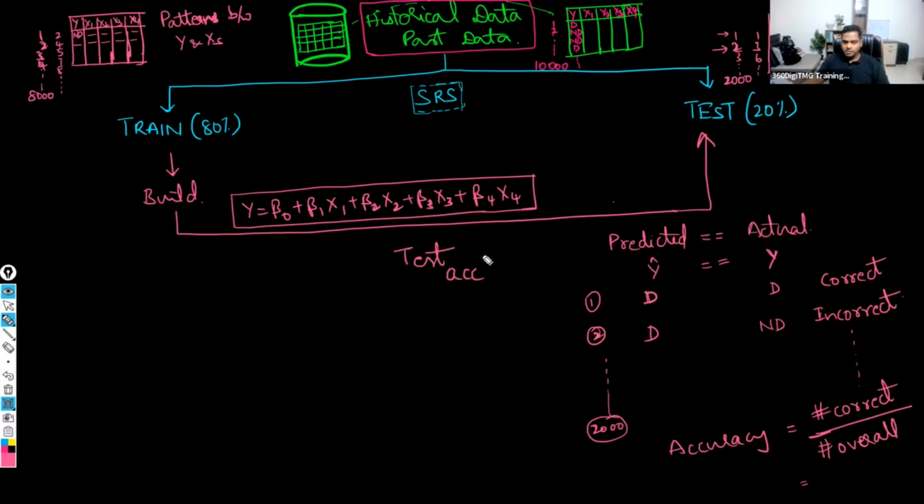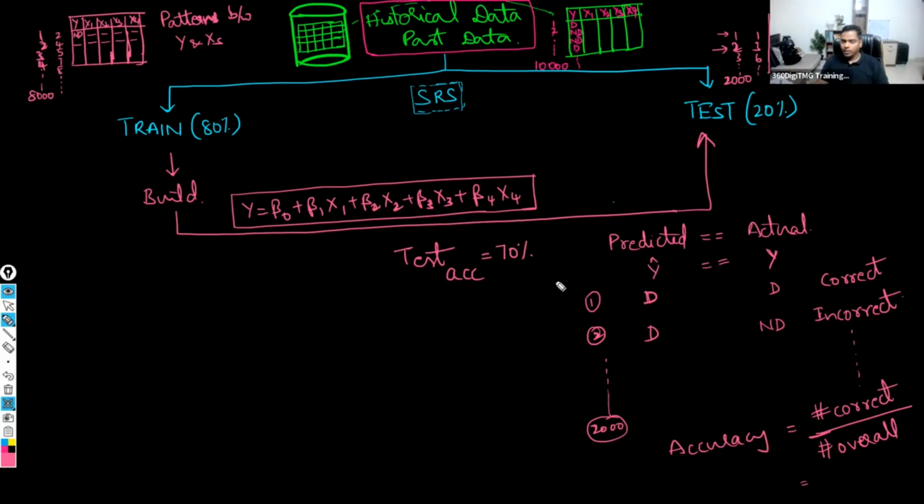So you get a test accuracy of, assume, 70%. You can be more certain that test accuracy is 70%, more confident about this number when you communicate to the customers, end users.